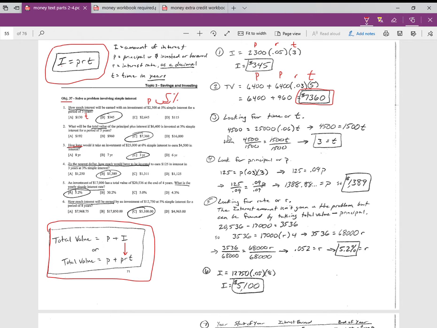The 25,000 is put in, so that's still the principal and goes in the spot of P, at a rate of 6%. We don't know the time because that's what we're asking, but the other number we do know is that it says to earn $4,500 in interest, so that is our I.